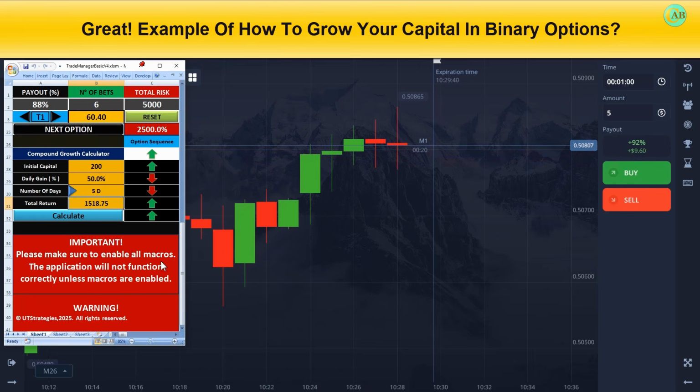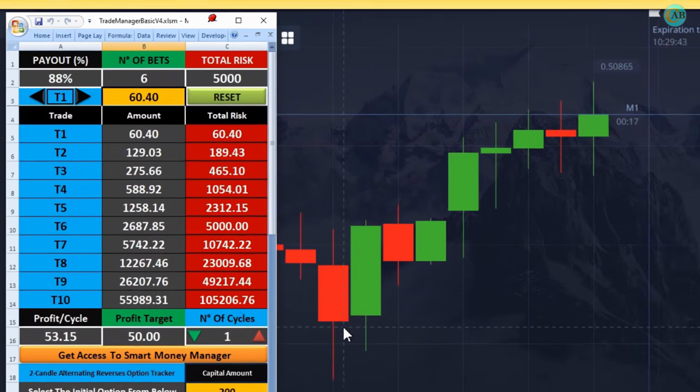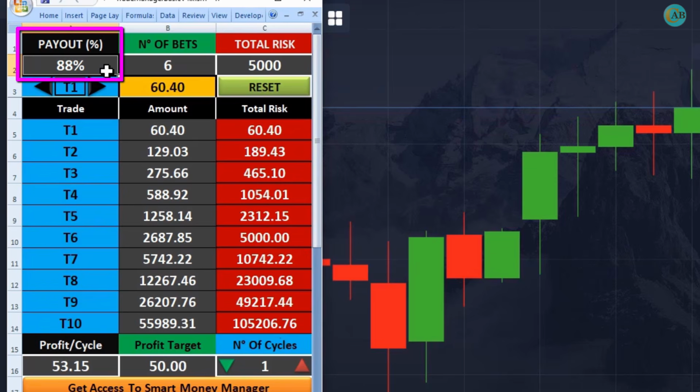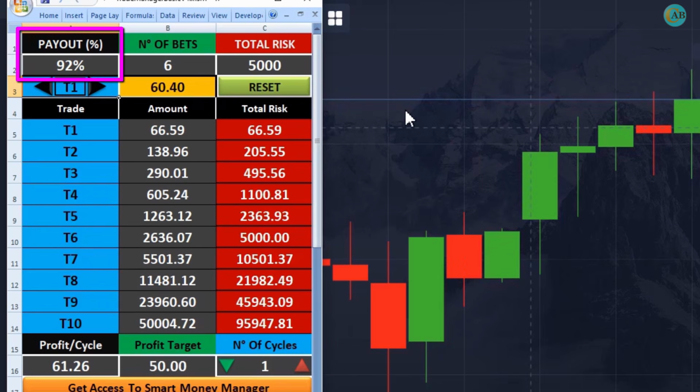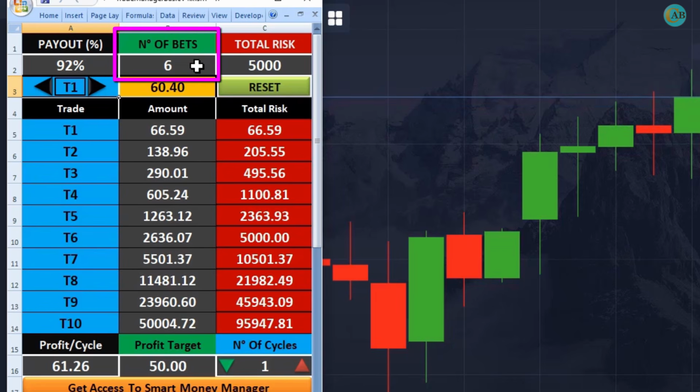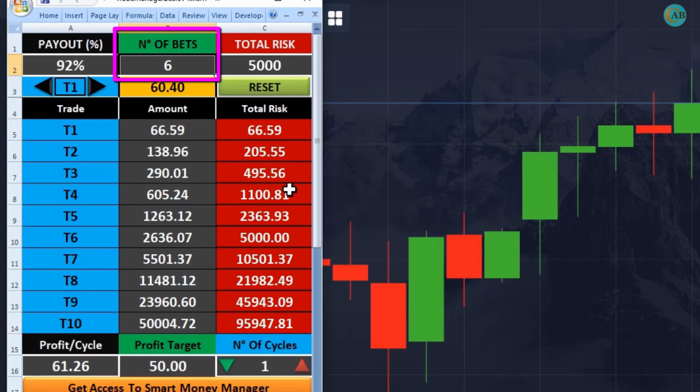Next, I'm gonna set up the Trade Manager Basic, starting with the payout. I'm gonna put my 2 days payout, which is 92%, and my suggestion: trade always assets or pairs with highest payout. Next, I'm gonna put the number of bets here. Since the 2 days strategy involves 3 martingale steps, I'm gonna put 3.